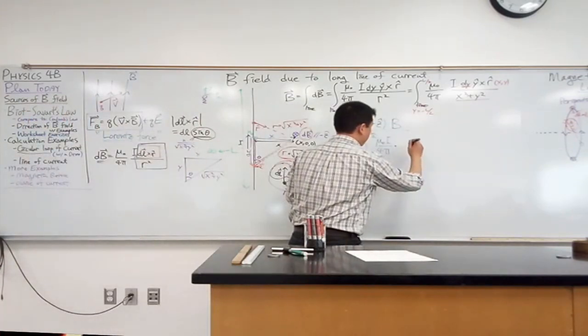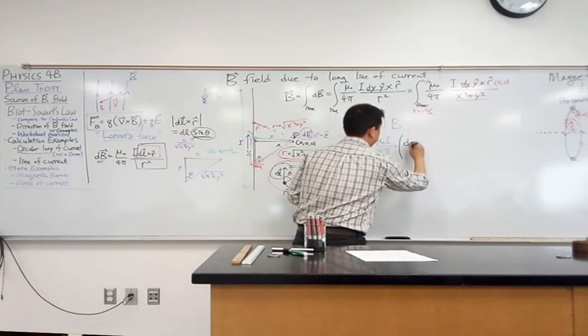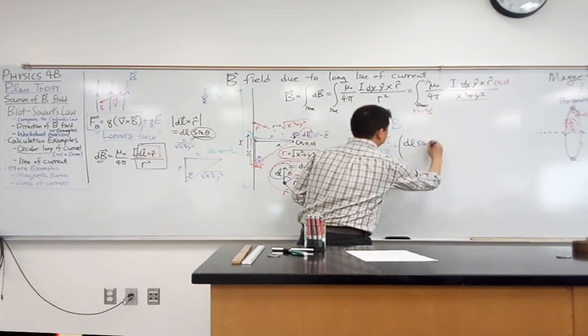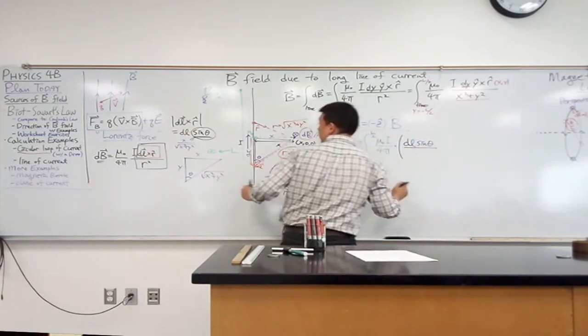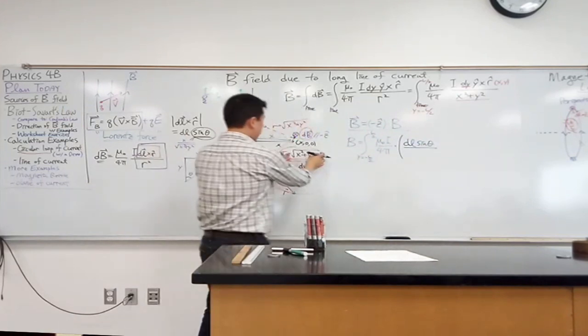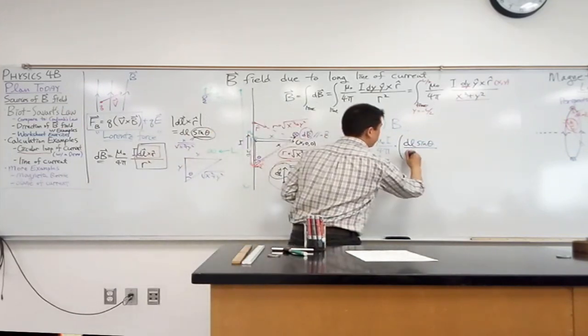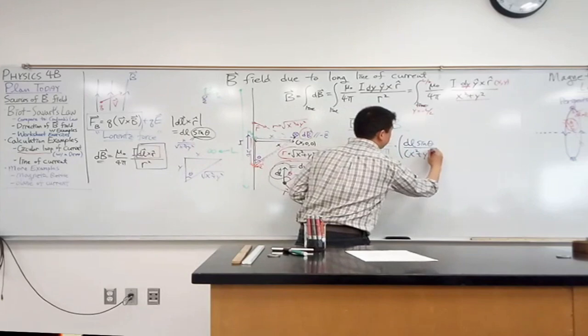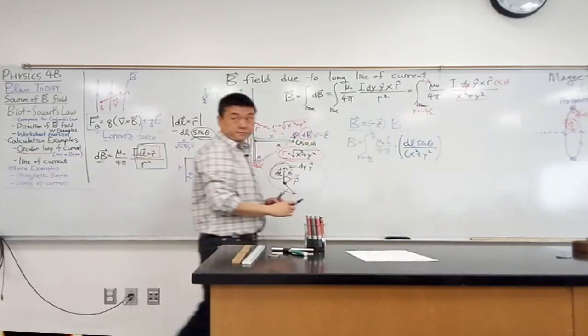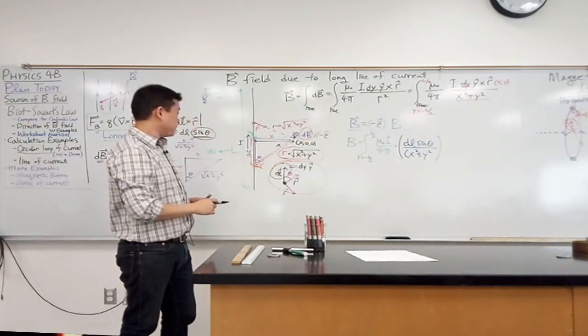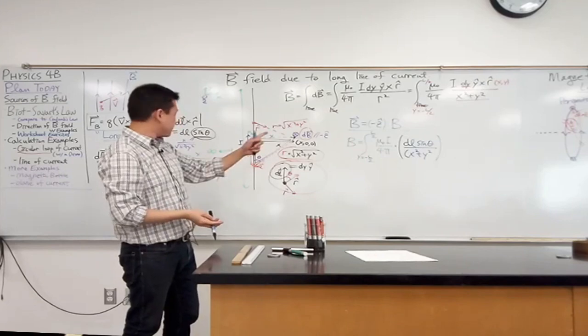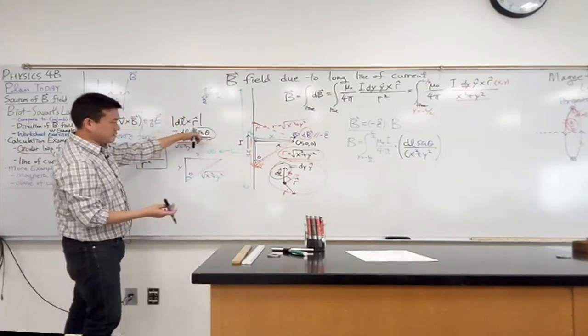So it's going to be dl sine theta over r squared that I can write down using this. X squared plus y squared. Okay. And in fact, I guess I can get one step further with the same expression.